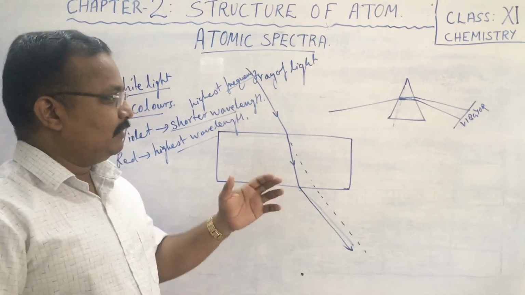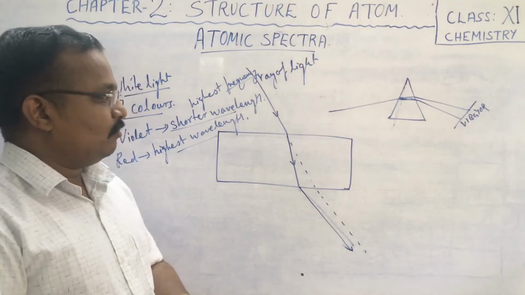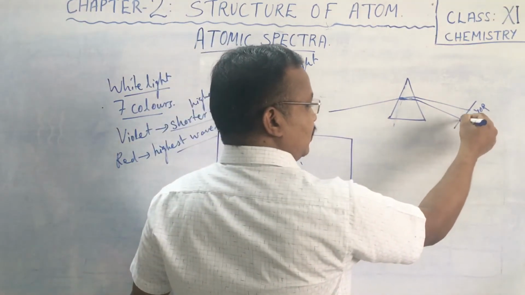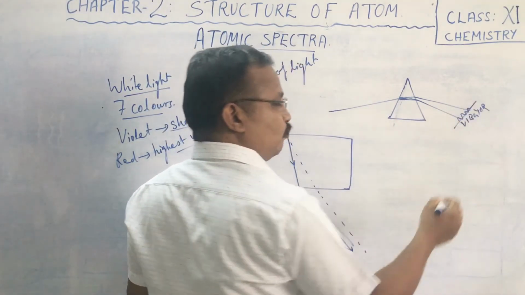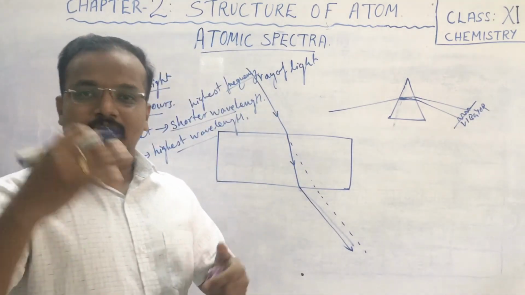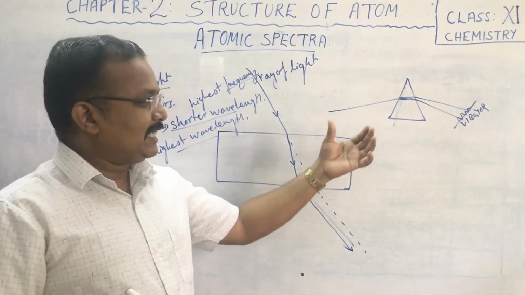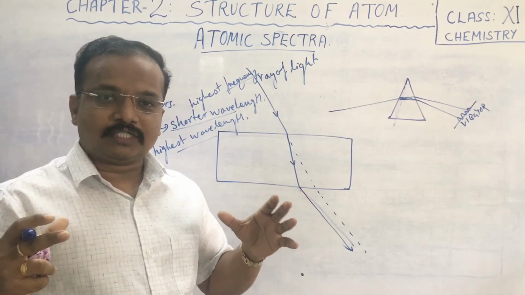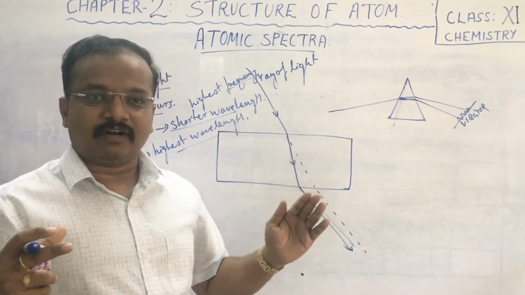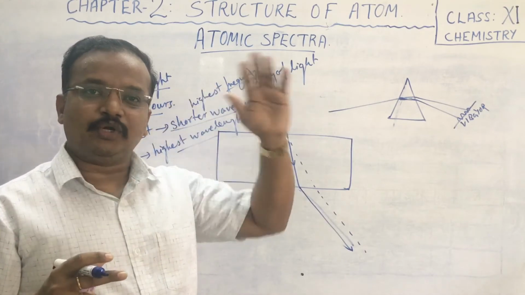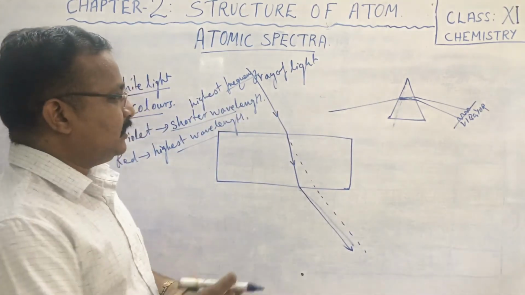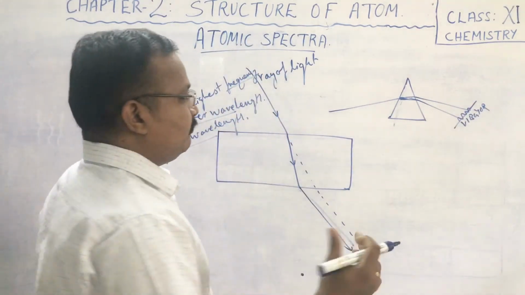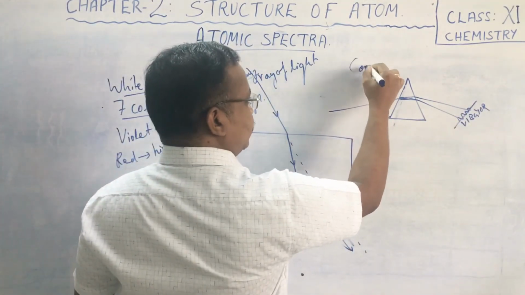Now let's look into this. What you observe here is that the colors are merged into one another. You cannot exactly separate them out. White light is composed of 7 different colors which are merged one into the other. So this merged spectrum which is produced, we call a continuous spectrum.